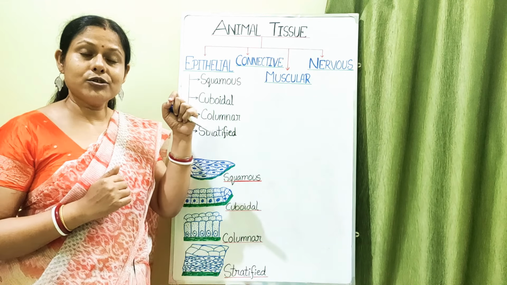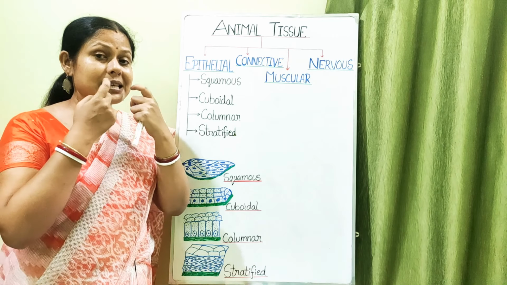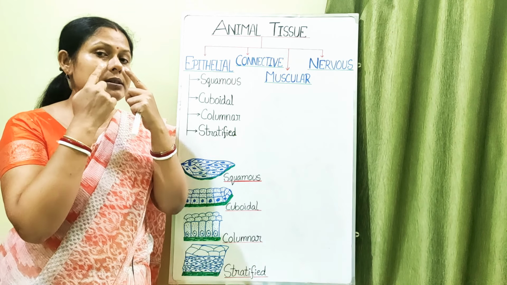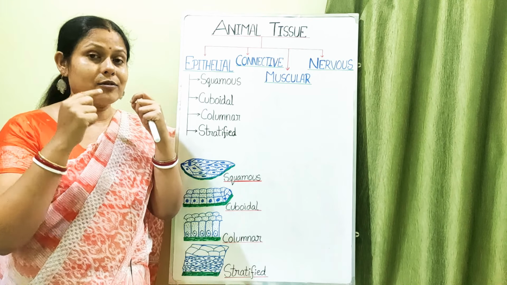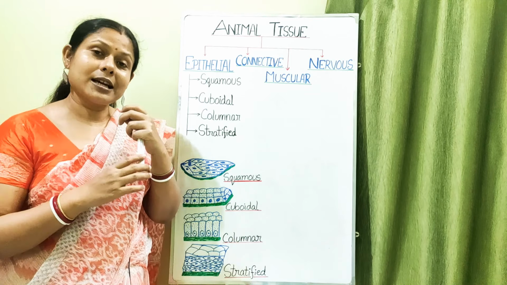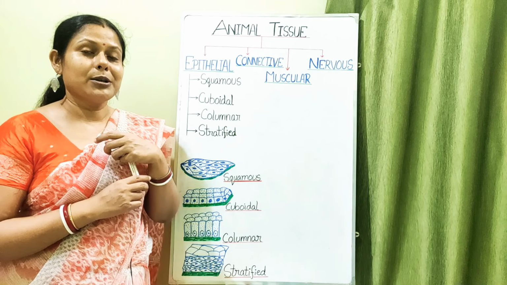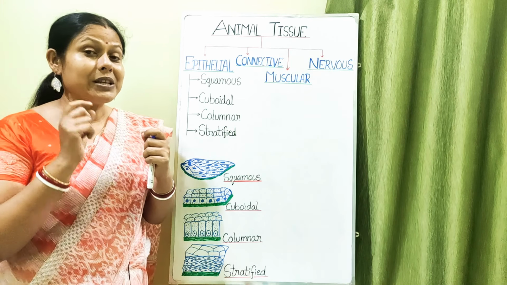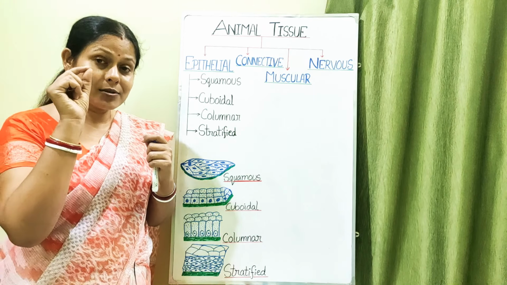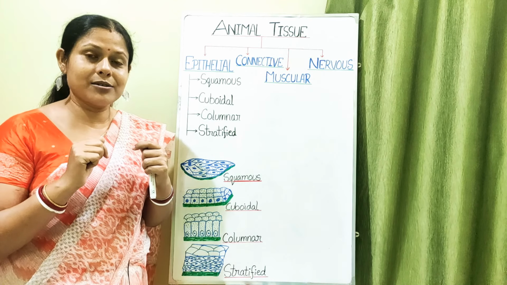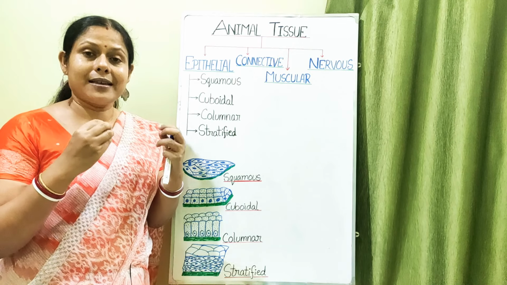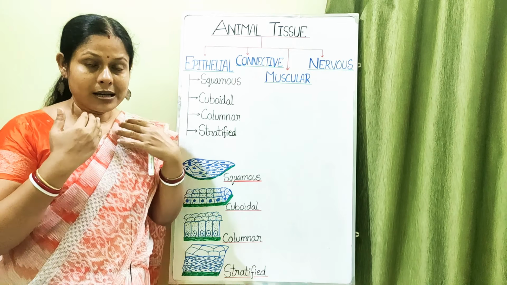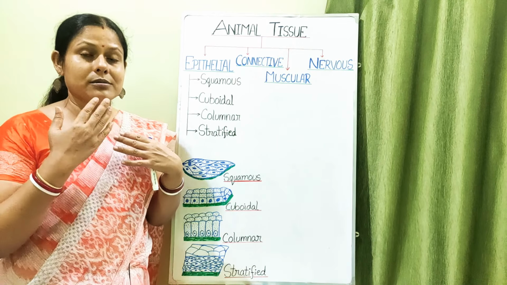So epithelial tissues are present inside the cavities. Inside our nose also there is a cavity, isn't it? That cavity is also lined by a layer of cells or tissues. That is also a kind of epithelial tissue. But inside your nose, small fine hair is there. What does the hair do? Hair prevents the entry of germs and dust particles into our trachea or nasal cavity.